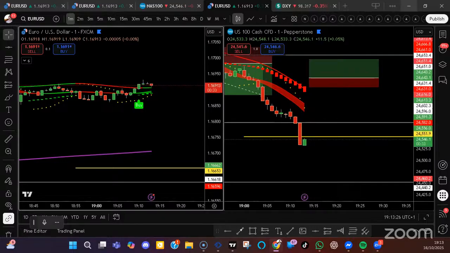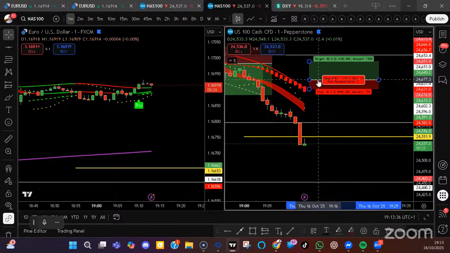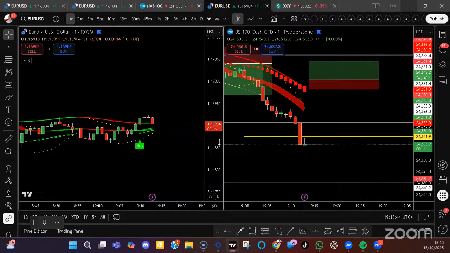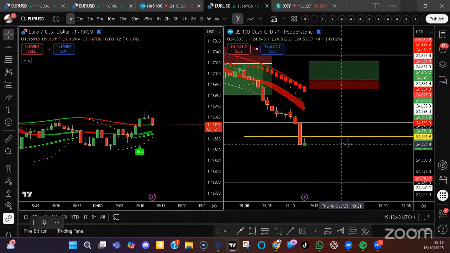So we're going to hang on, and maybe we might get a chance of a buy on this EUR USD. If anything looks interesting on the NAS100, I might get a buy on the NAS100 because we're in the buy zone.